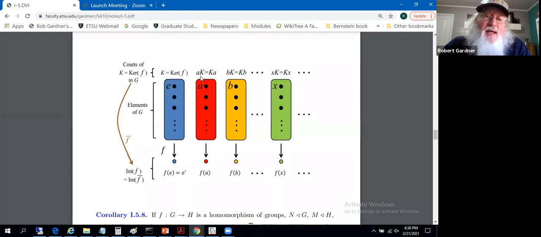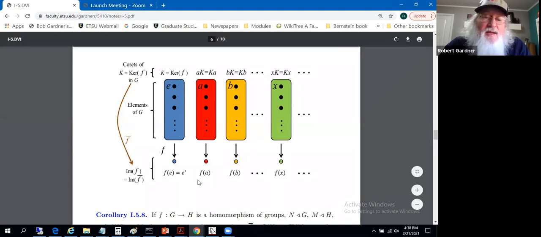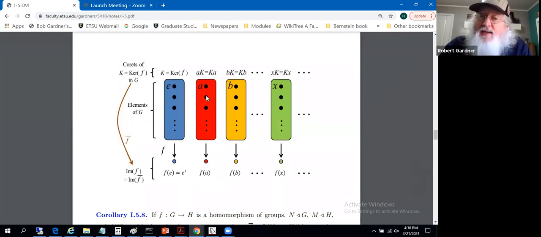Now F bar is going to take that and take it down here into group H, and produce output F of A. So what homomorphism F does, if I look at this point here, homomorphism F maps this point, because it's in the coset containing A, to F of A. The composition, first pi, then F bar, would take this element, associate it with this coset, and then F bar would take that coset AK and map it to F of A. So that's how homomorphism F relates to the canonical epimorphism and this mapping F bar that we've introduced.